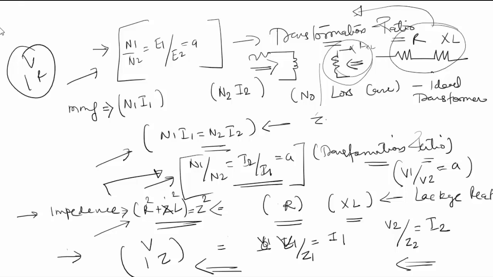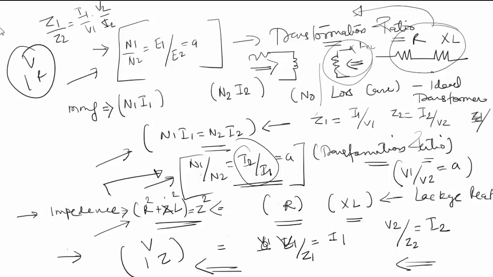So my Z1 is equal to V1 upon I1 and my Z2 is equal to V2 upon I2. So Z1 upon Z2 is equal to V1 I2 upon I1 V2, and I2 by I1 is equal to A, so this will be equal to 1 upon A square.